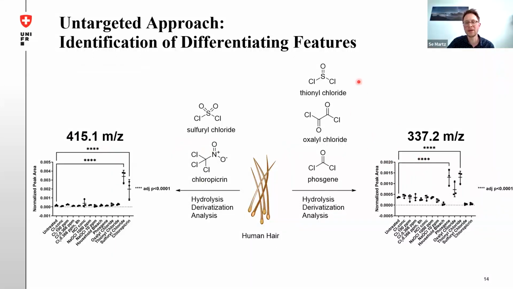And on the right-hand side, we had these 3 chemicals forming an adduct with 337 m/z. And now we have more research going on, because we would like to identify these compounds. This is envisaged to be done with high resolution MS, to get a chemical formula to maybe identify the molecules behind these 2 masses.